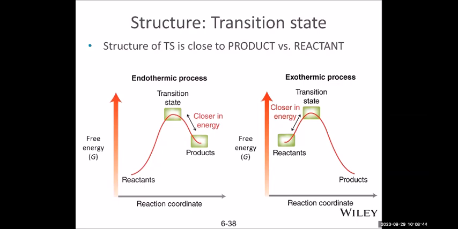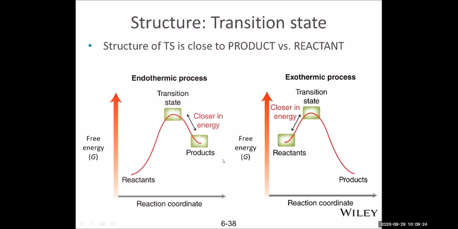One of the applications is when we have exothermic versus endergonic or endothermic reactions. For example, this is an endothermic reaction. It goes through a transition state. Because of the nature of this kind of curve, if you draw the curve for an endothermic reaction, the transition state and the end product are closer in energy.